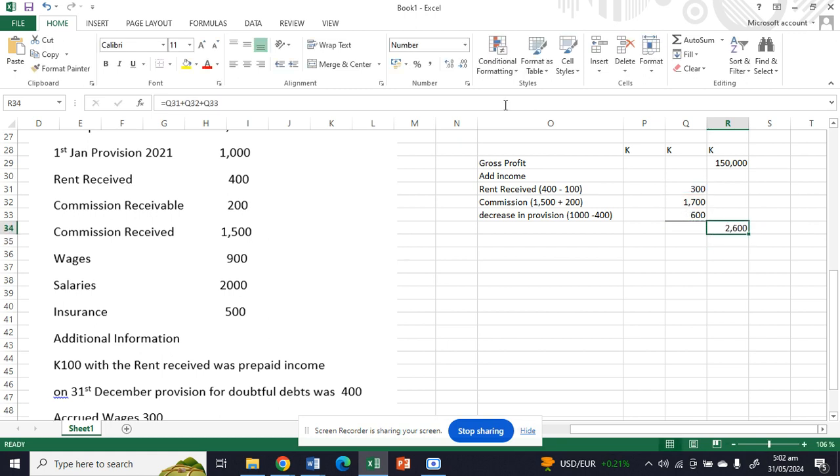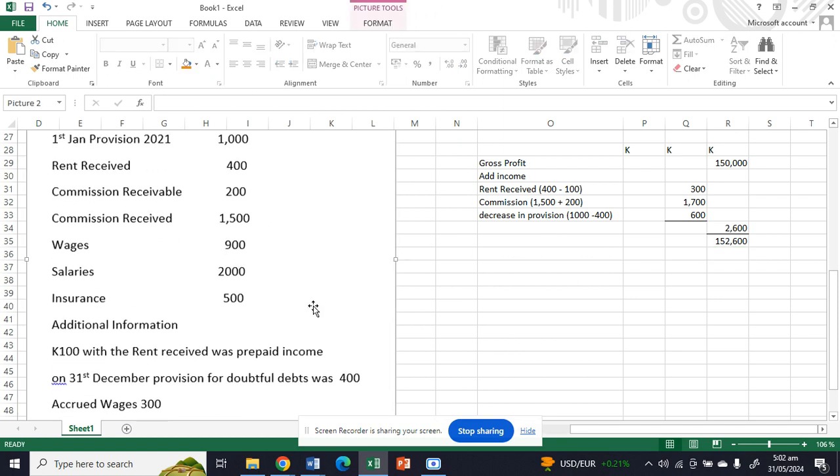So we add this 2,600 to the gross profit. We get 152,600. So once we've done our adjustments for the income, now we can list down our expenses.